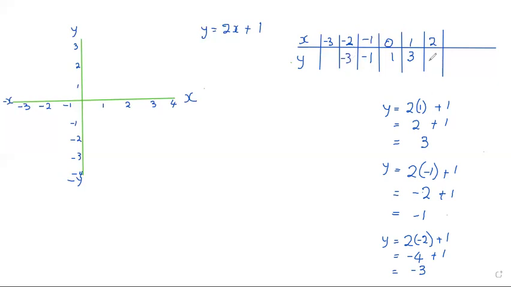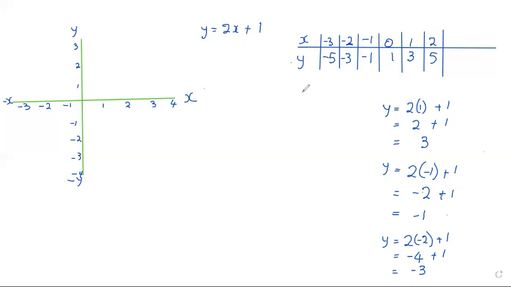And when x is a 2, 2 times 2 is a 4. 4 plus 1 gives a 5. Now, we need to appreciate that when x is a minus 3, 2 times minus 3 is minus 6, minus 6 plus 1 is a minus 5.